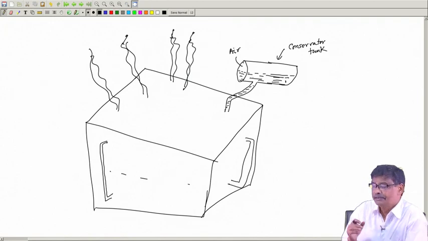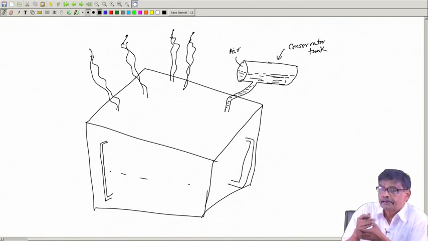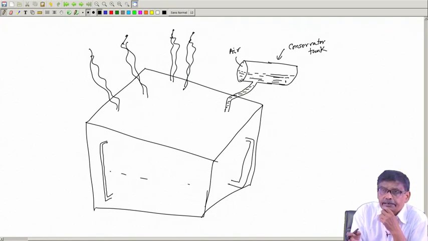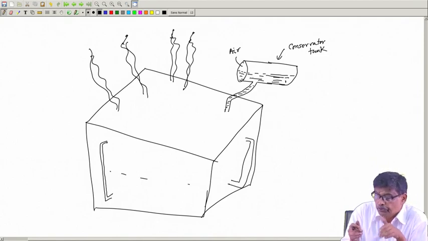Now, what happens is this oil has very good dielectric property also, maybe 27, 28 kV per centimeter or millimeter, I have forgotten, you just see the books, the dielectric strength. So, it will provide very good insulation between the coils and the tank.